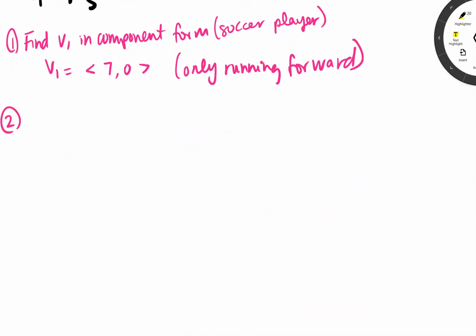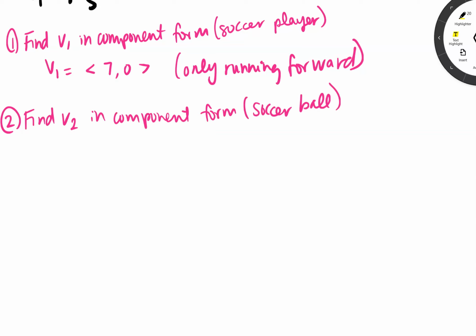Now I would want to find V2 in component form, and this is for the soccer ball. This one's a little more challenging, so we have to break it up. The magnitude times cosine is going to be my x, and the magnitude times sine is going to be my y.